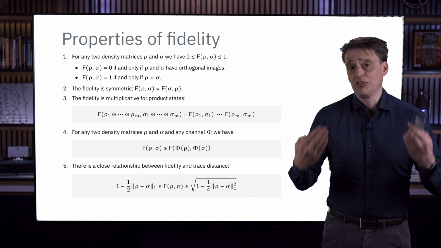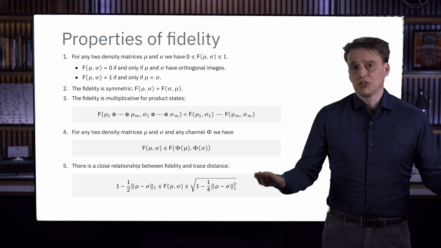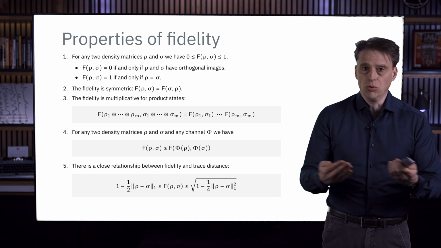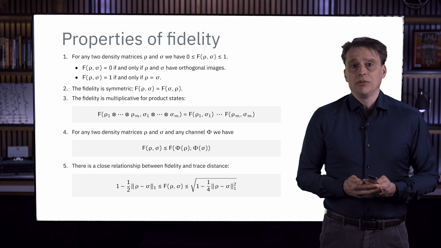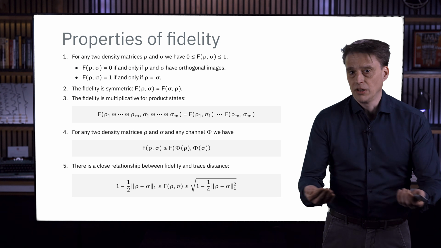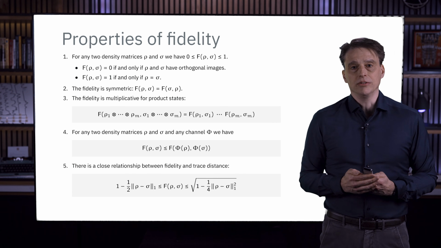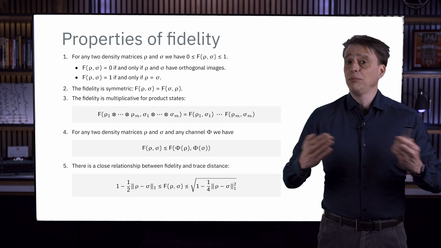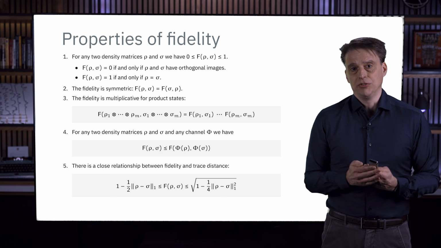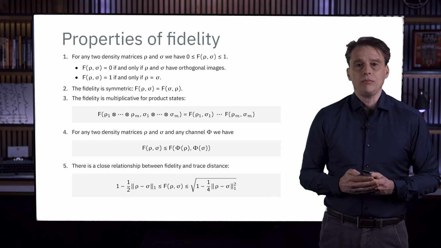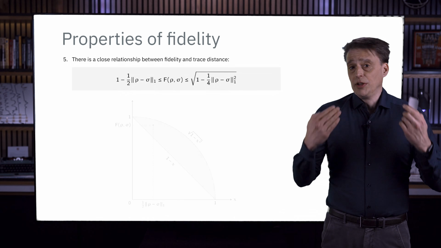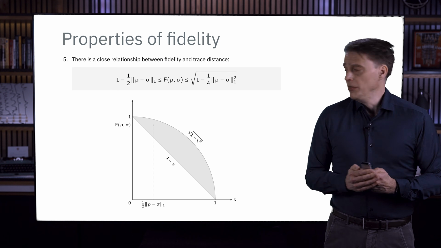So although they're not exactly the same thing, it's not shocking that there is a relationship between these two quantities. But in any case, these inequalities, which are typically called the Fuchs-van de Graaf inequalities, make this relationship mathematically precise. And it's pretty important that there's absolutely no dependence here on the size of the system we're talking about. We can see this relationship a bit more clearly with the help of a figure.